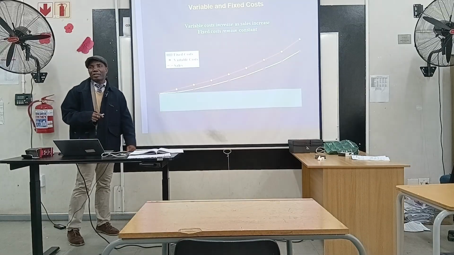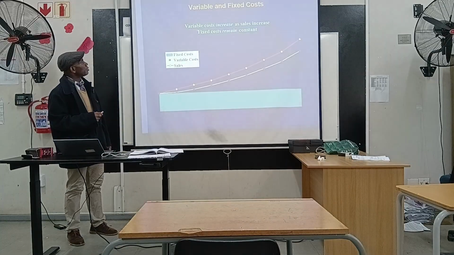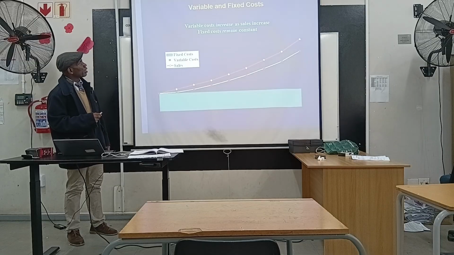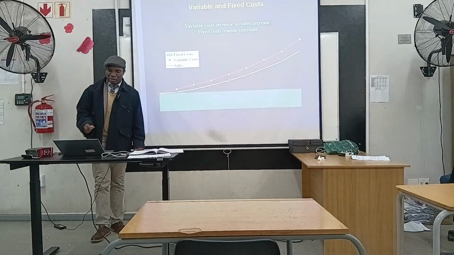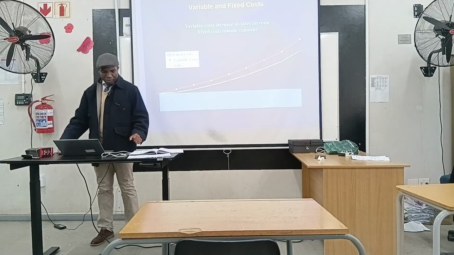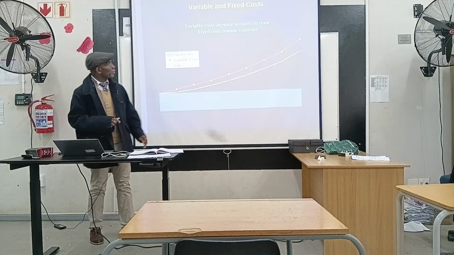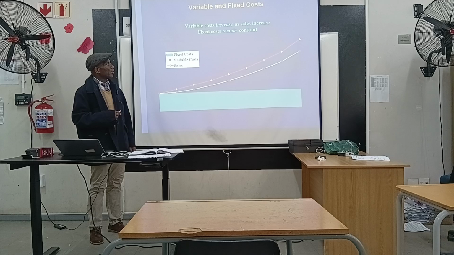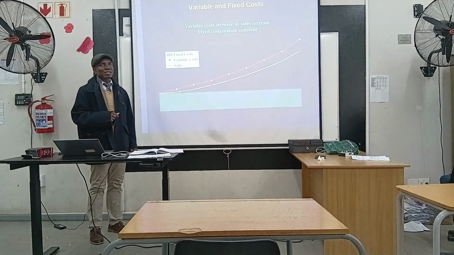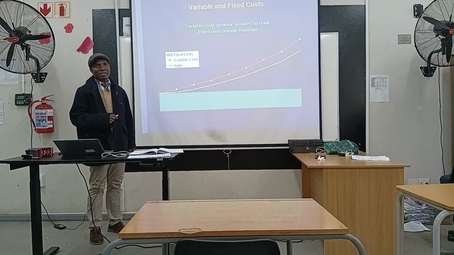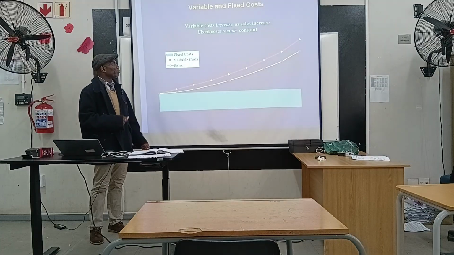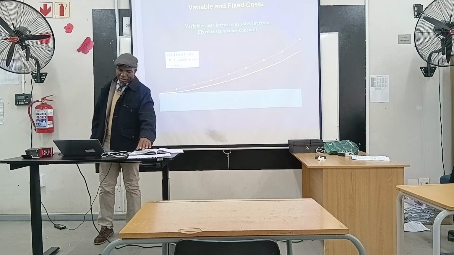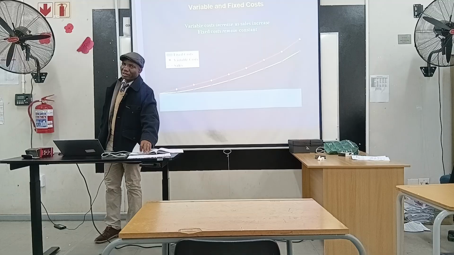Sometimes you can be given a graph like this. There's what we call variable costs. I don't know whether I've explained to you. Variable costs are the cost that increases as per the sales, right? Variable cost increases as the sales increases, right?